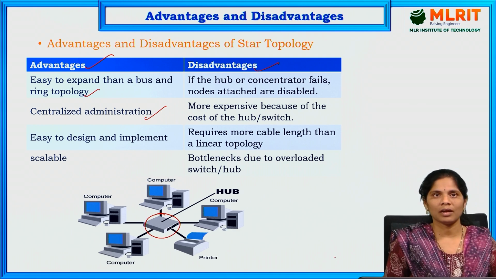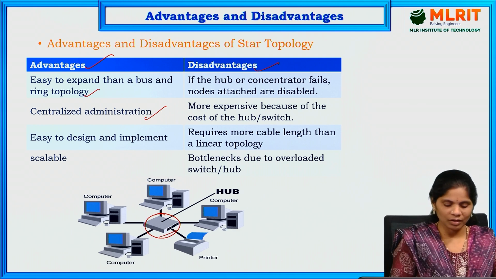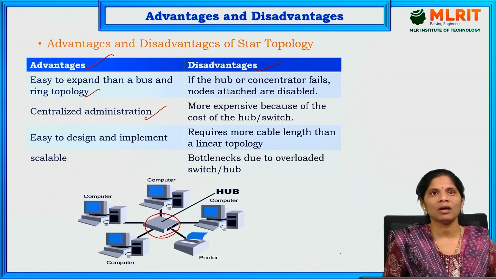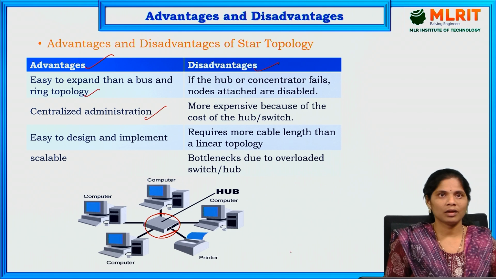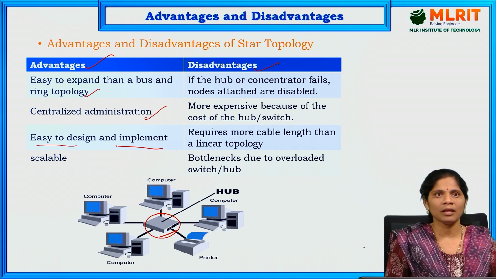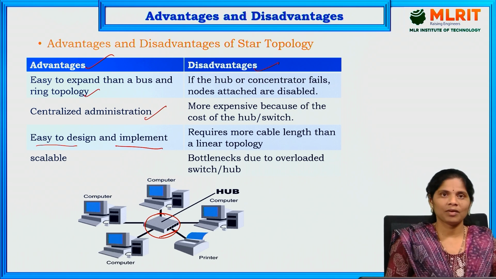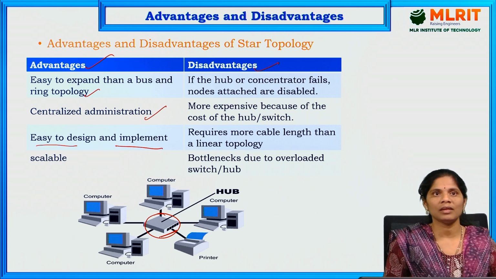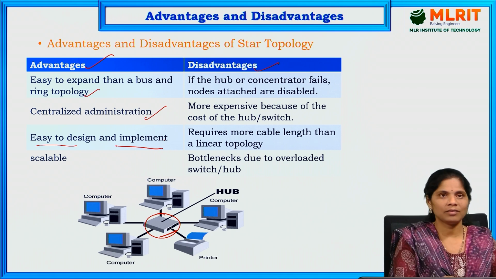If I want to send data or receive data, all signals come from the hub only. That is centralized administration. Next one is easy to design and implement. We can easily design and implement, meaning if I want to insert a device, we can insert easily, and we can remove easily also.